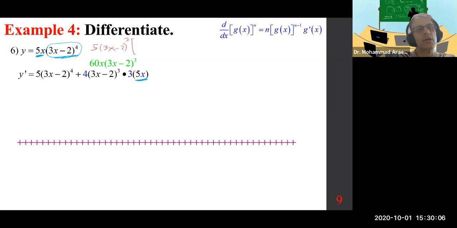Now, if you look at the first one, class, this piece, what is left of it? What about the green piece? What is left of the green piece? Okay, you have (3x minus 2) cubed gone. The only thing left is 60x divided by 5. 12x. I'm assuming everybody is very comfortable with factoring, and practically we are done.